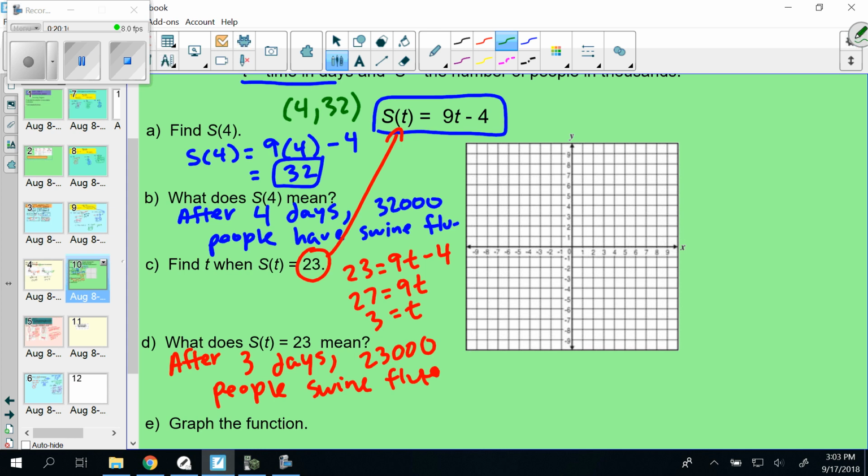So let's just say that this is going by, instead of ones, 10, 20, 30, and so on, and this would be negative 10, negative 20, and so on. If we put these points on there, we got the point (4, 32). 1, 2, 3, 4, 32 would be about there.